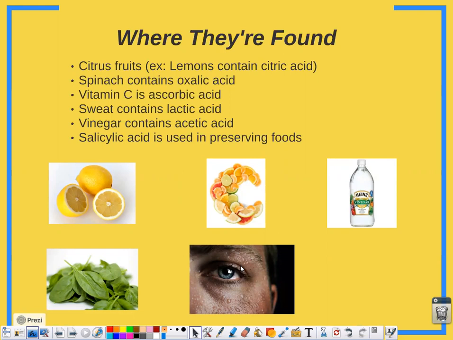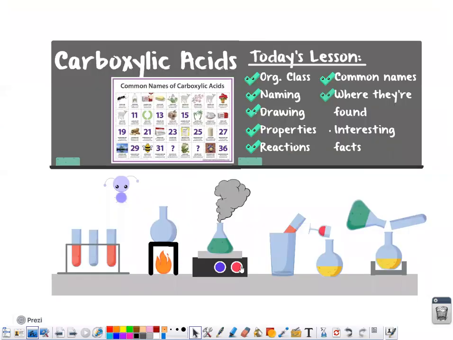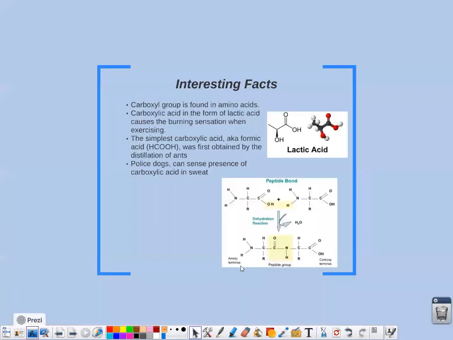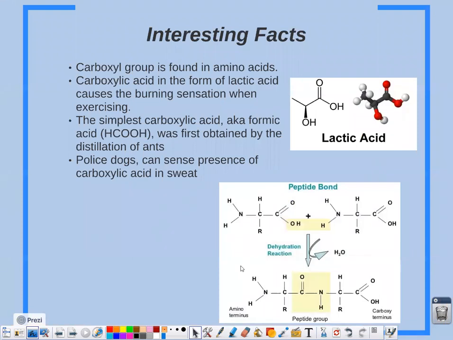Citrus fruits like lemon contain citric acid. Here is vitamin C, ascorbic acid, or oxalic acid in tomato, tartaric acid in grapes, lactic acid.